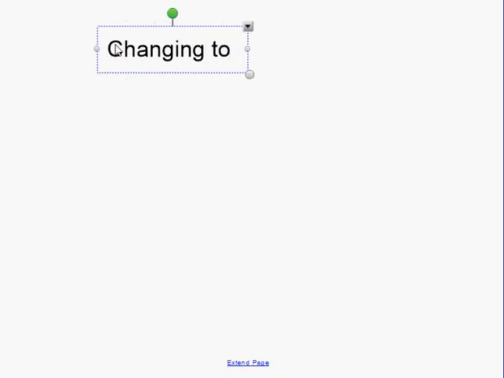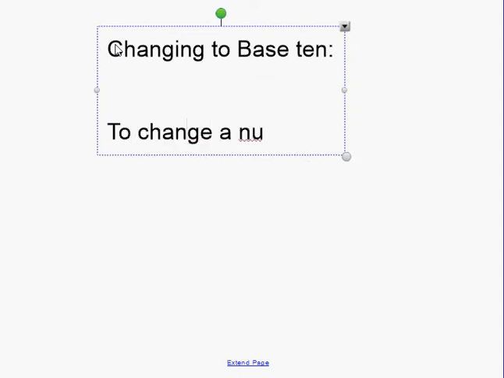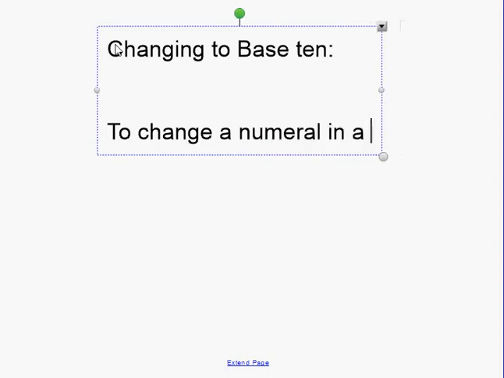Second, multiply each digit in the numeral by its respective place value.